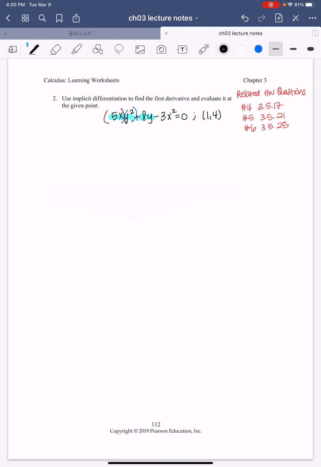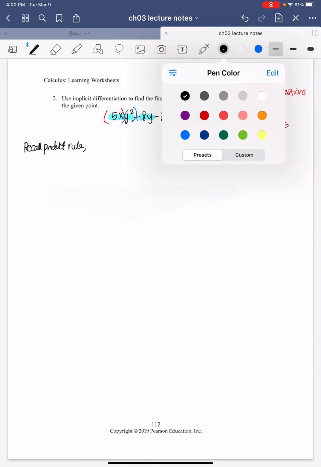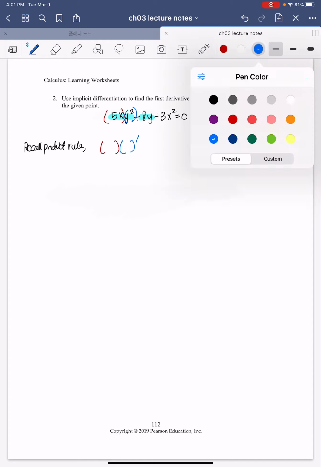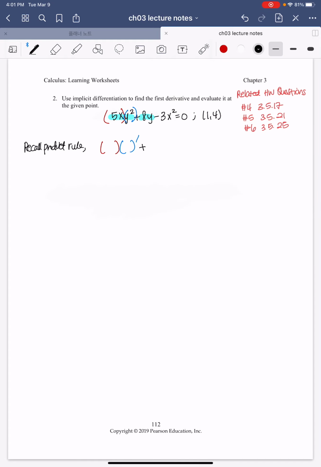So recall the product rule: we have the first term as it is, then we rotate, so first one and then second one prime, and then add the second term as it is, and then first term prime, correct?